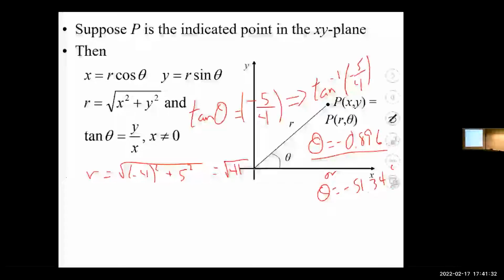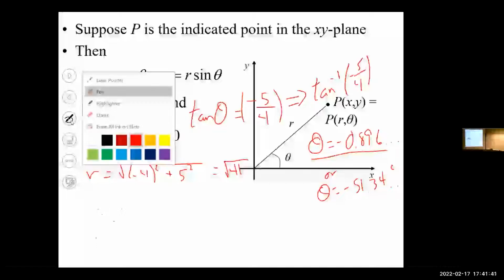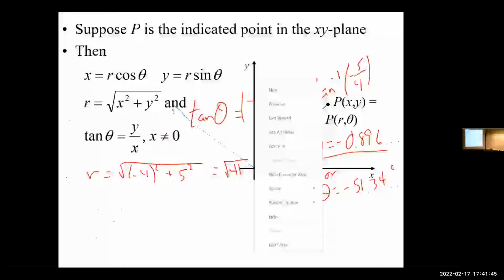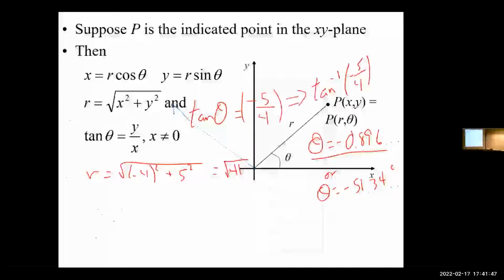We know that we're at (-4, 5), we're over here somewhere.